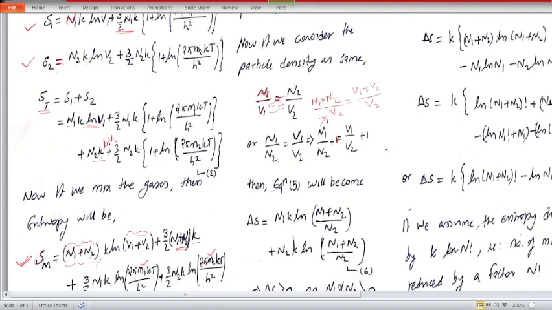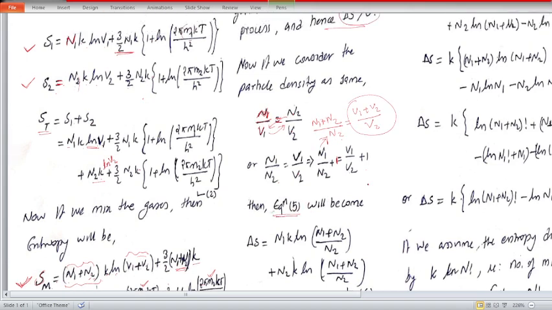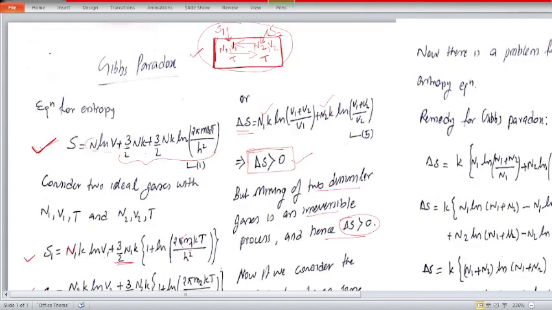Now if (v1 plus v2) by v2 equals (n1 plus n2) by n2, then you can replace in equation 5. In equation 5 you can see this v1 plus v2.